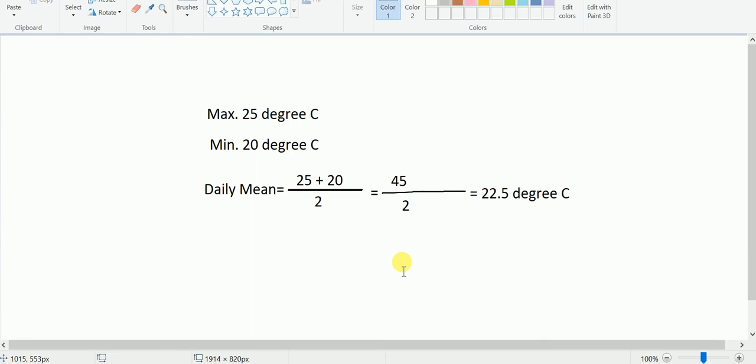And again, after finding out the annual mean, we have to add the annual means of 30 years or 40 years, and divide by the number of years. After that, we will get a generalized temperature condition of a place, and that is what we call climate.